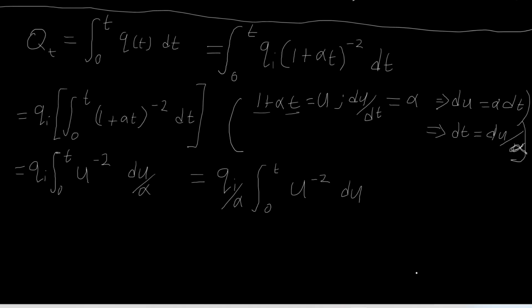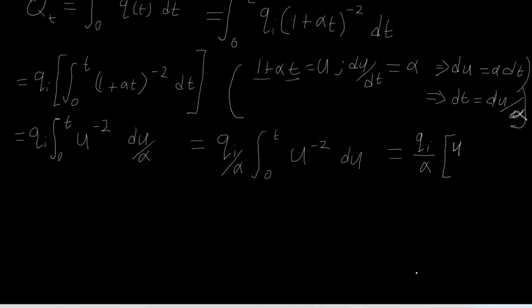So we'll be having our answer to be qi over alpha times u to the power minus 1, remember, all over minus 1, plus C0. Okay.